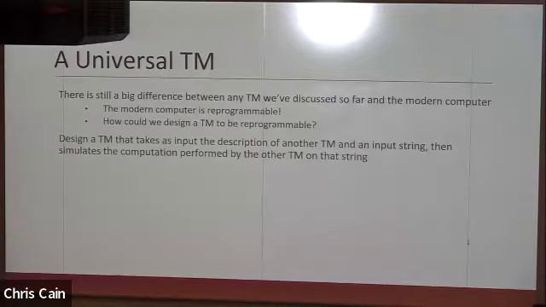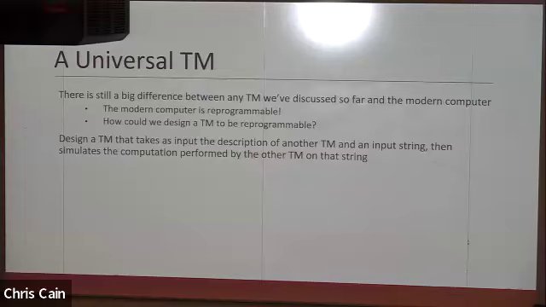But we are going to feed a description of a Turing machine into the Turing machine. So rather than dictate its program, we're going to have a Turing machine that reads the instructions, basically the definition of another Turing machine, as part of its input. So now what the Turing machine reads is a tuple.